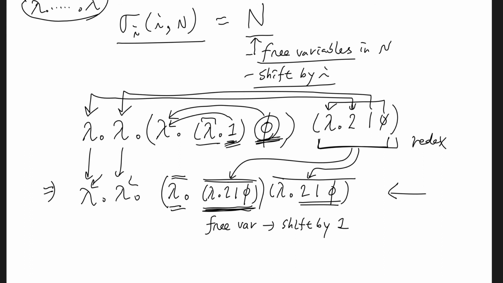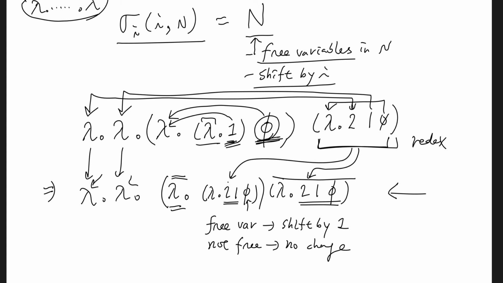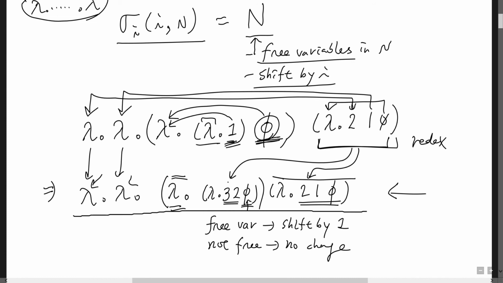If it is not a free variable, then if not free, then no change. So inside this expression, this is not free, but these two indexes denote free variables. So the correct answer is you have to shift it by 1. So this 2 should become 3, and 1 should become 2, while this index remains 0. So this is what we want.